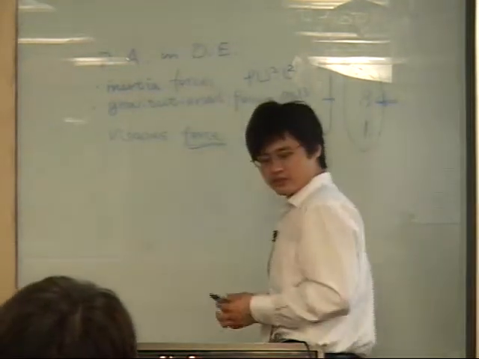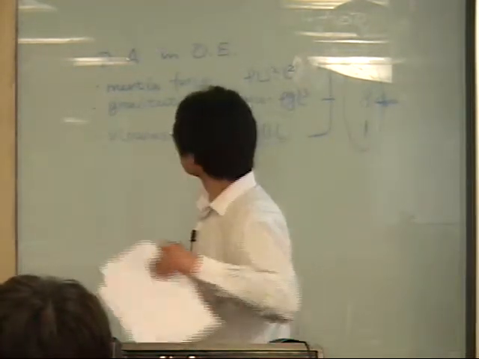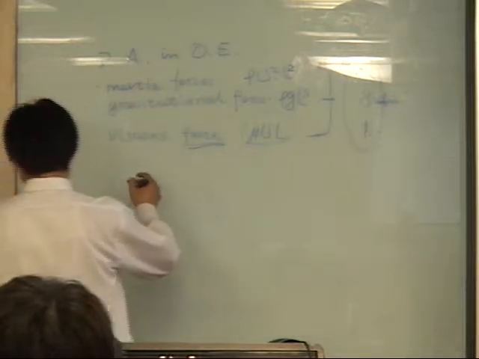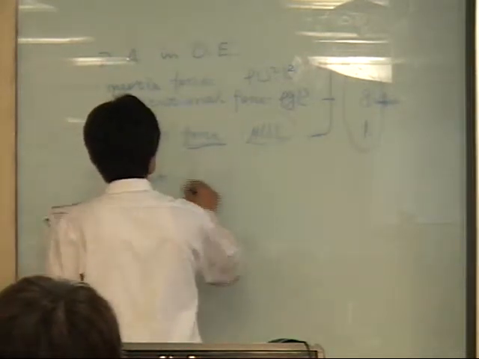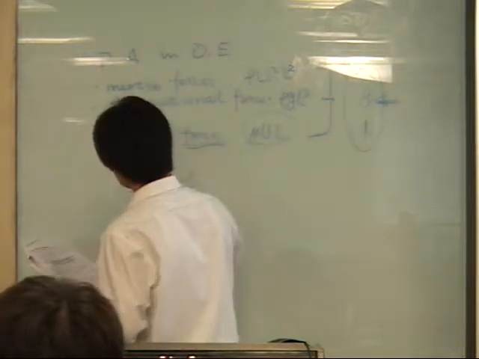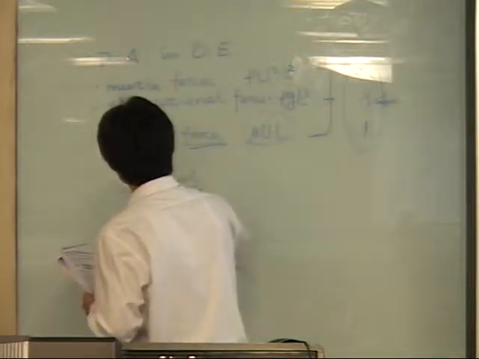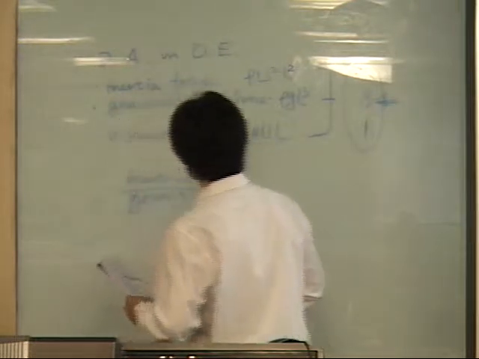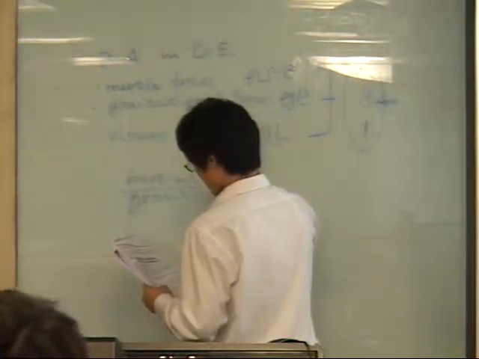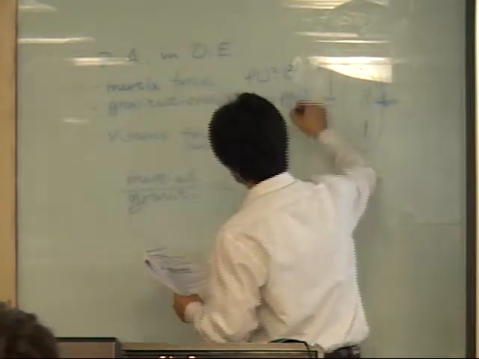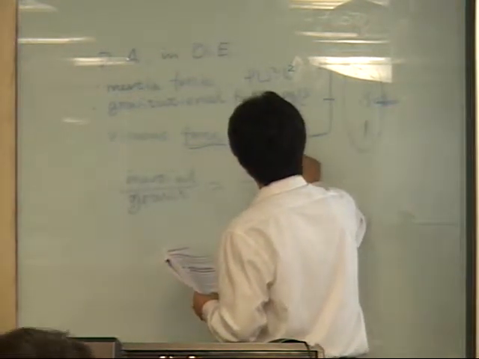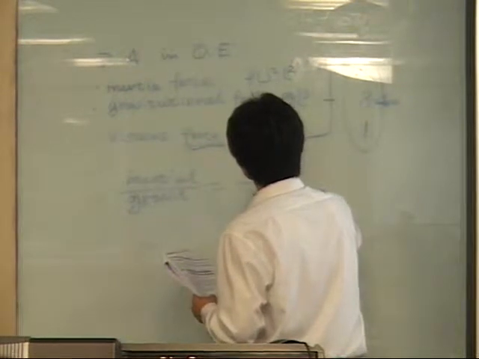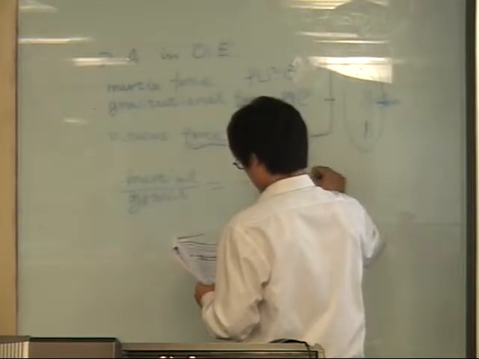So now let's look at the relative magnitude between the three forces. We have inertial force over gravitational force, which is, you plug in those forms like inertia, rho g, right?